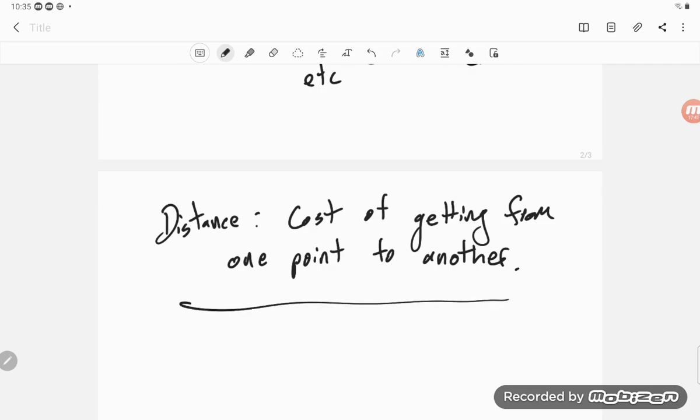And that is what we mean by distance. And so you see in context that cost could be measured very, very differently. Okay, so that's why we need to really look at this idea of distance.